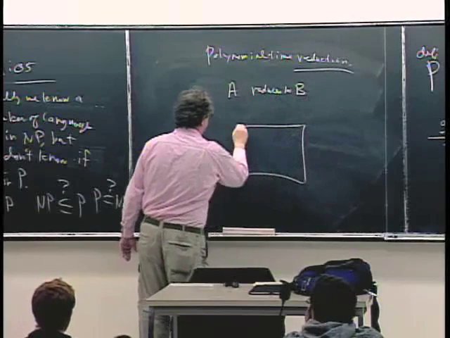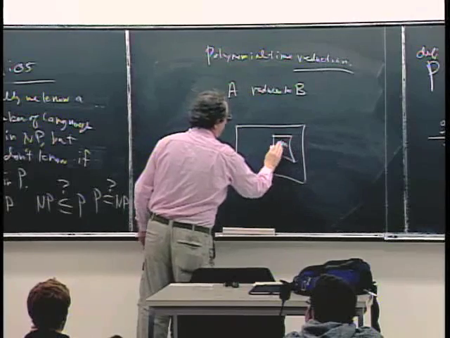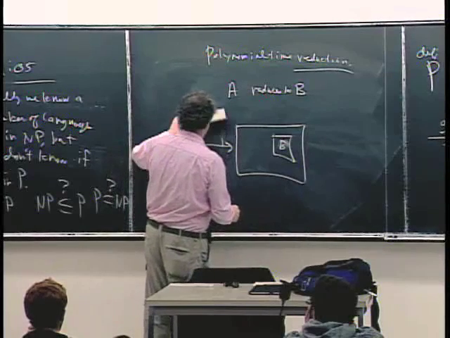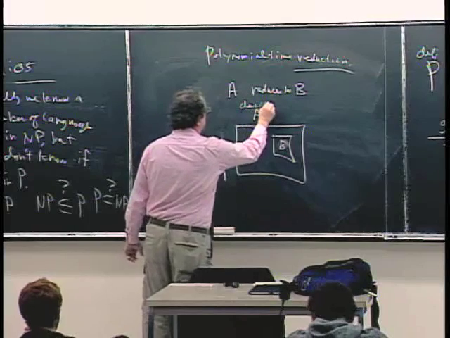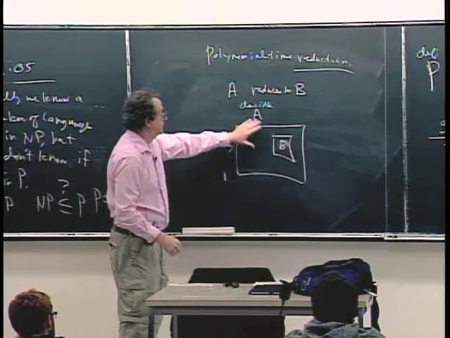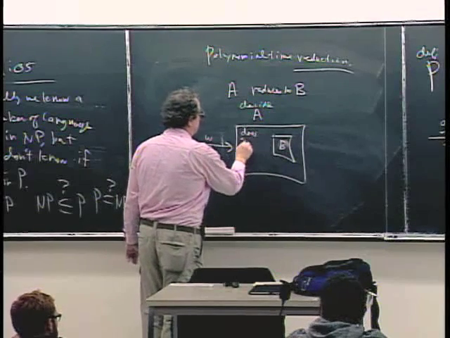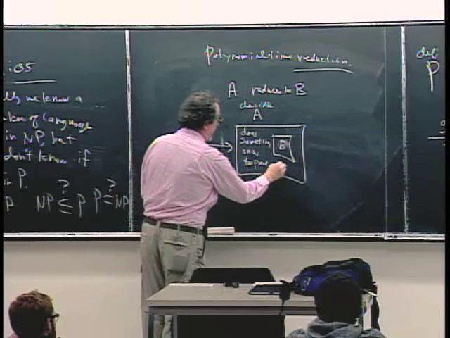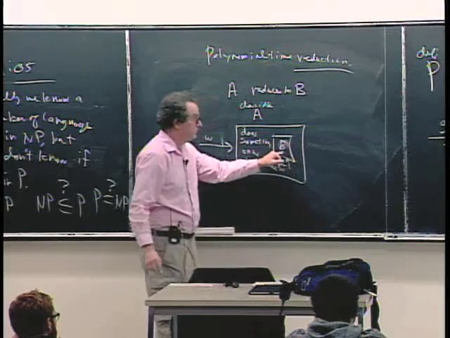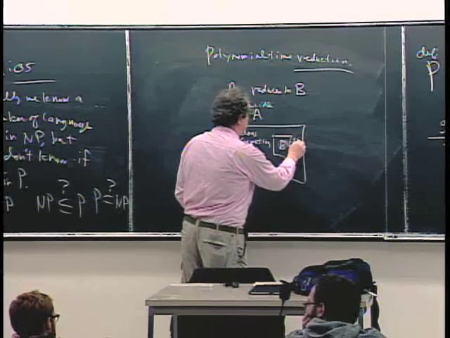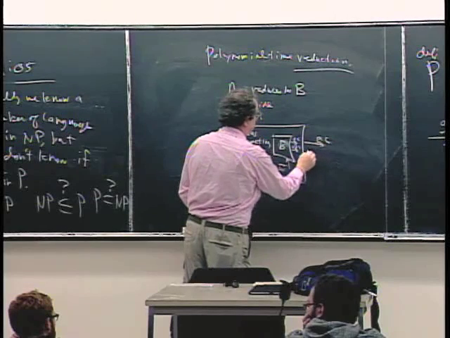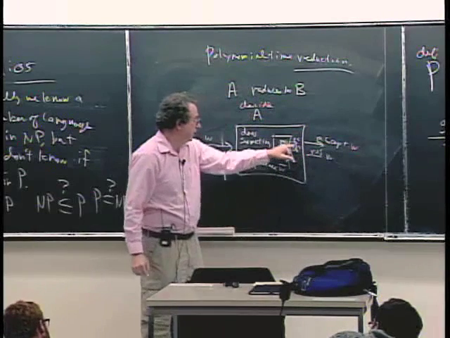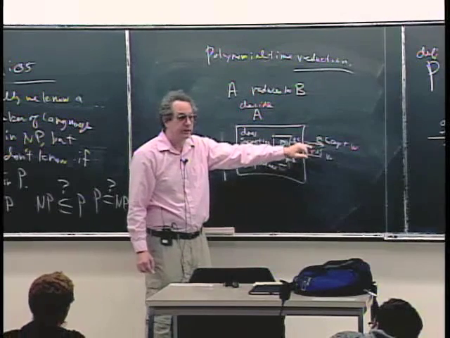It means that you have in here a Turing machine for B, a Turing machine that can decide B, and you want, actually this is the whole big thing, you want a Turing machine that can decide A. And what it does is it takes in input, this Turing machine that decides A, and it does something on W to produce, let's say, a W bar, and then it feeds that W bar into the Turing machine for B, and then based on accept or reject, then it accepts or rejects W. I didn't make this connection here because it isn't necessarily that accept of B is accept of W. We've seen cases where it goes like that.